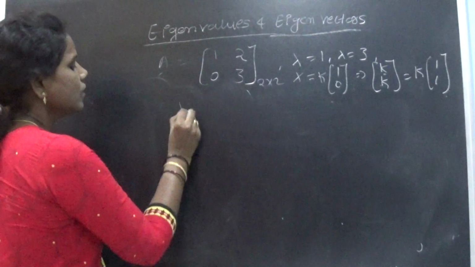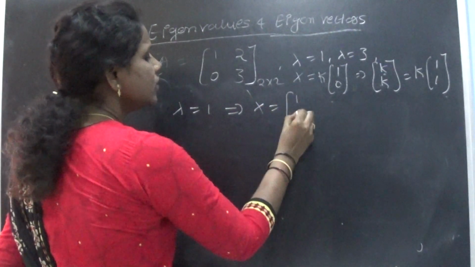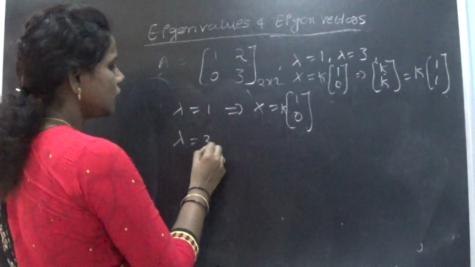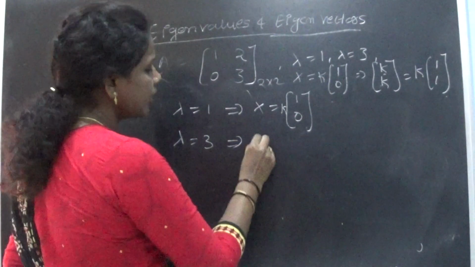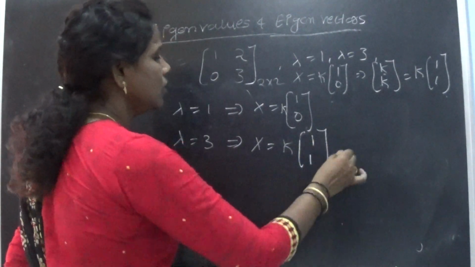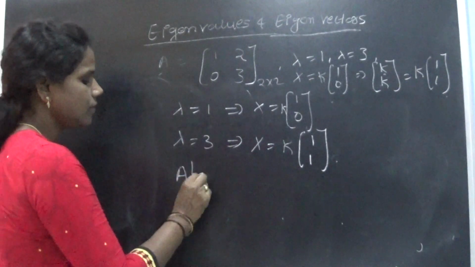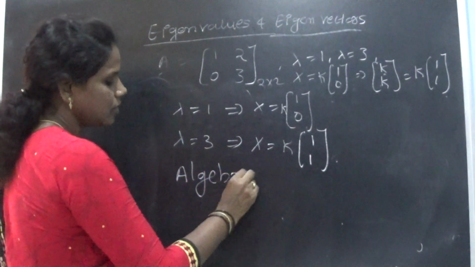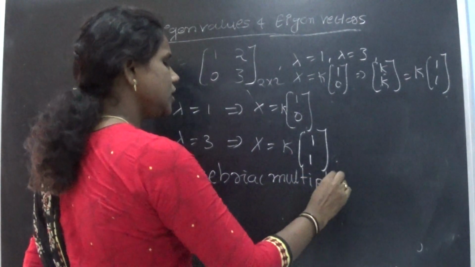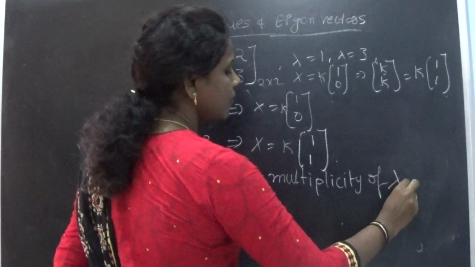So here for lambda equals 1, we got the eigenvector 1, 0, times k. And for lambda equals 3, we got the eigenvector 1, 1. Now let me explain the algebraic multiplicity of eigenvalue lambda 1 first of all.